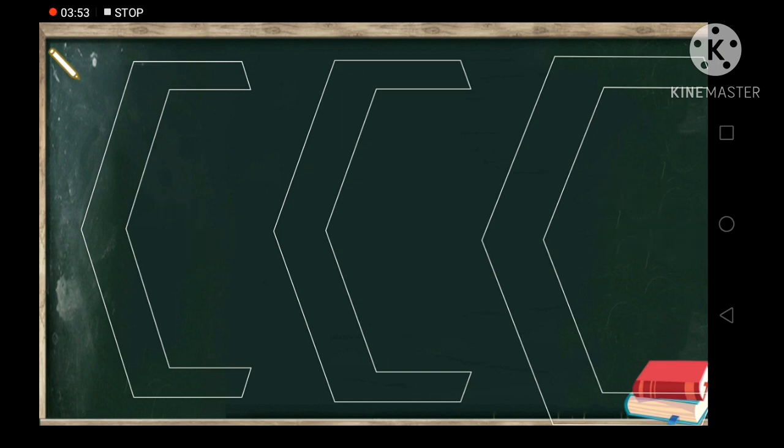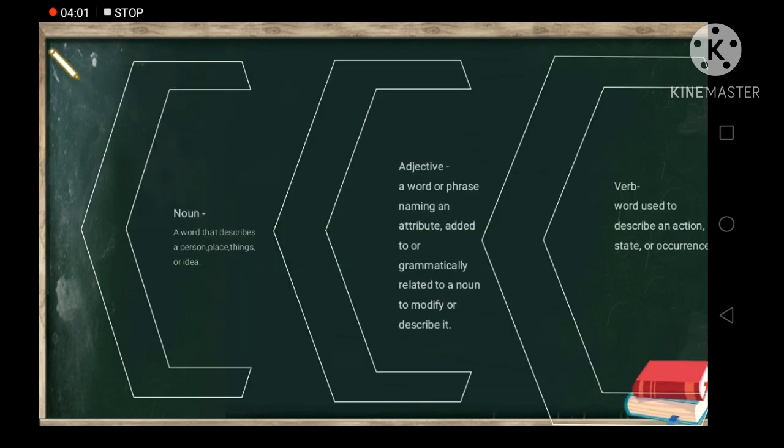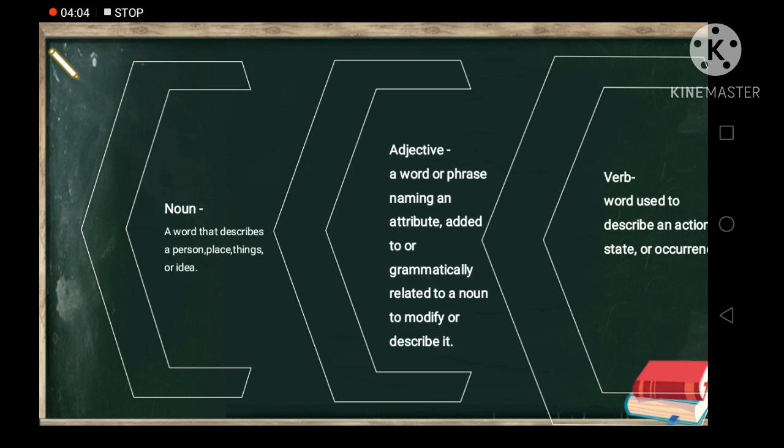A sentence: Anthony is throwing a ball. So the verb in the sentence is the word throwing because it describes the action of our noun, which is Anthony.